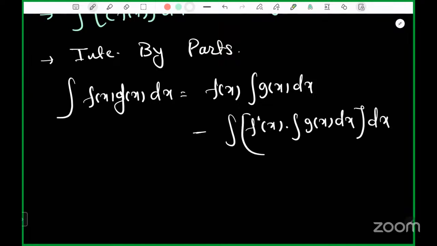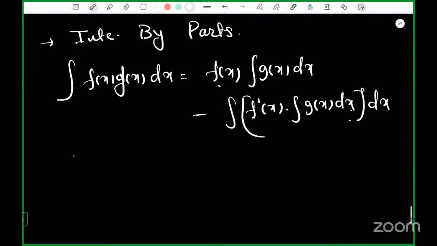I hope this rule is familiar from your high school. So if you want to integrate the product of two functions, this is equal to the first function times the integration of the second function, minus the integration of f dash of x times the integration of g of x dx, dx. So this is integration by parts.